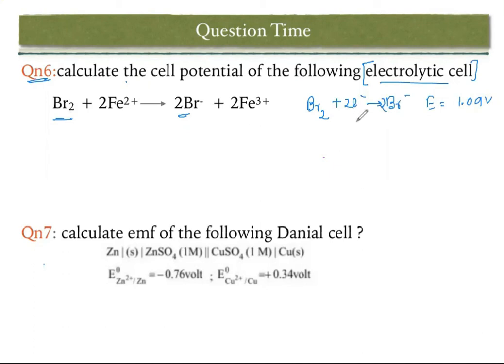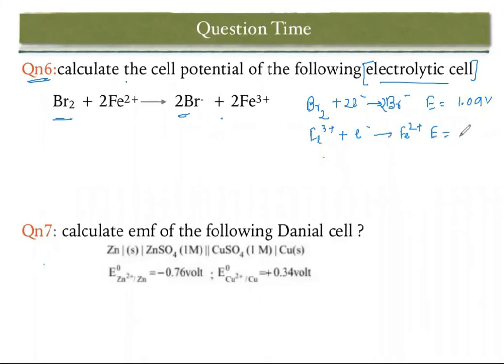I have taken this value from the internet or that table. And the iron reduction potential, Fe3+ plus 1 electron gives Fe2+, the value is 0.77.